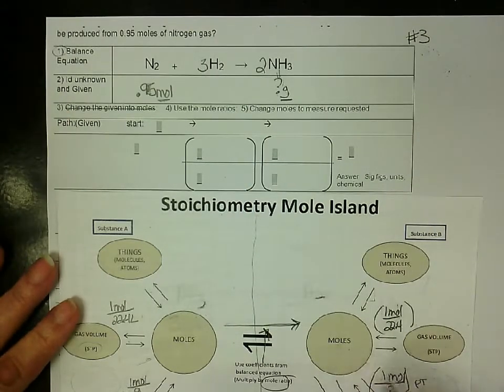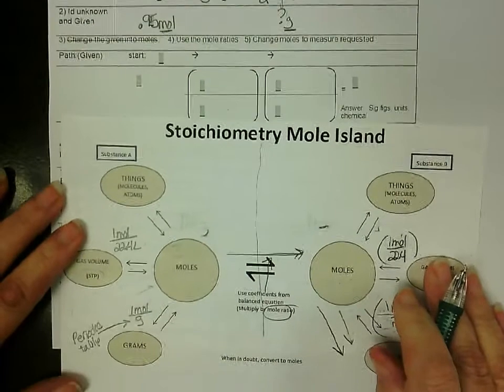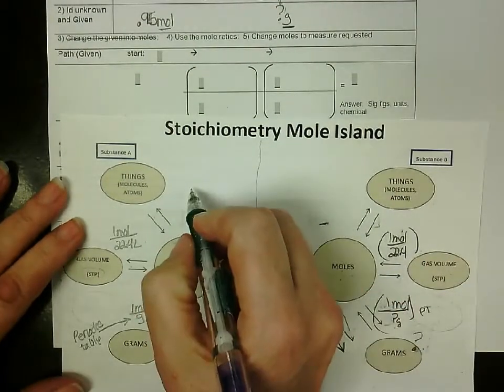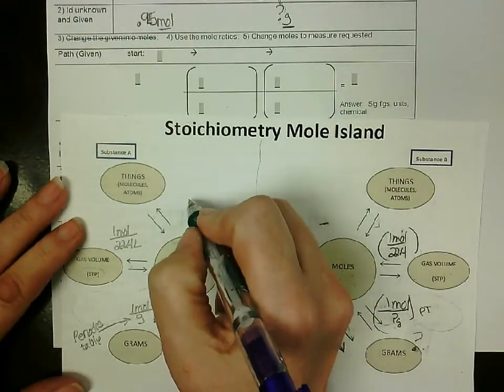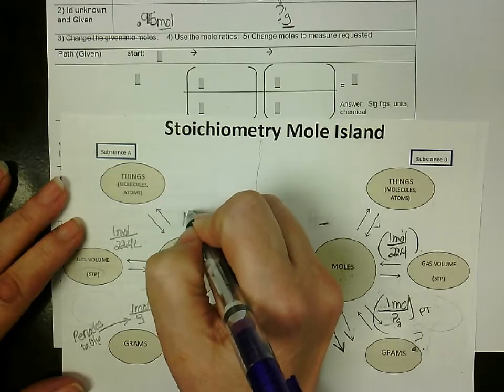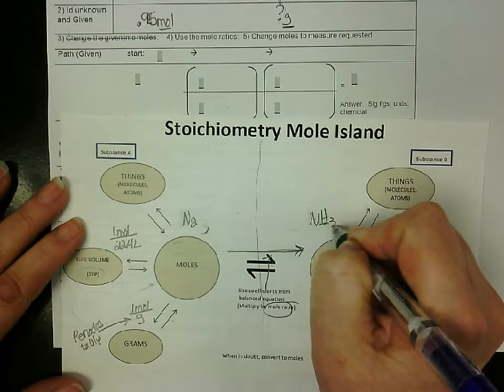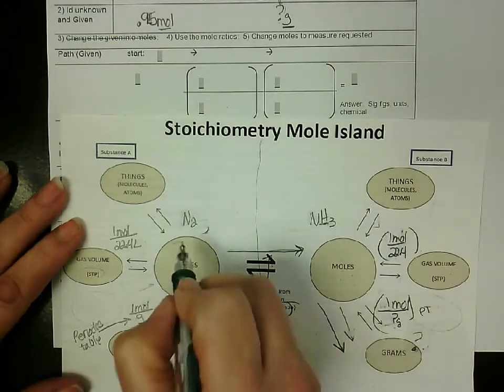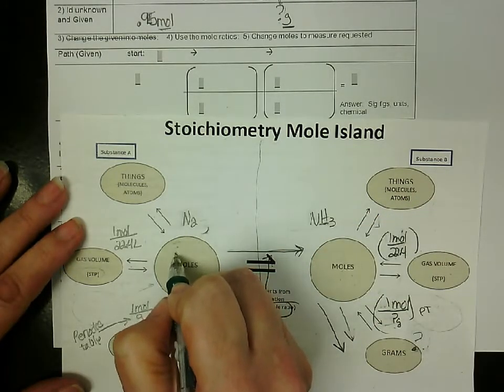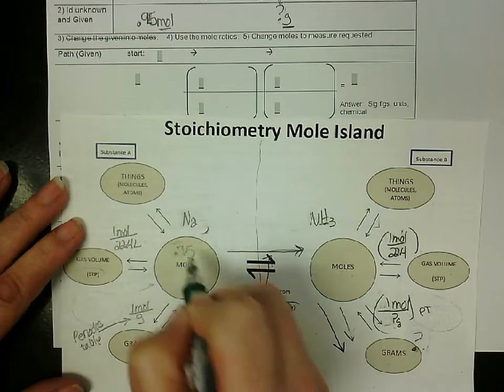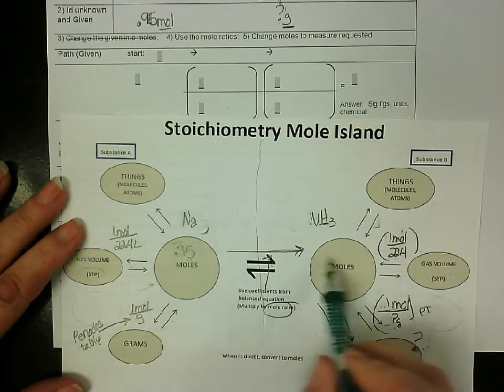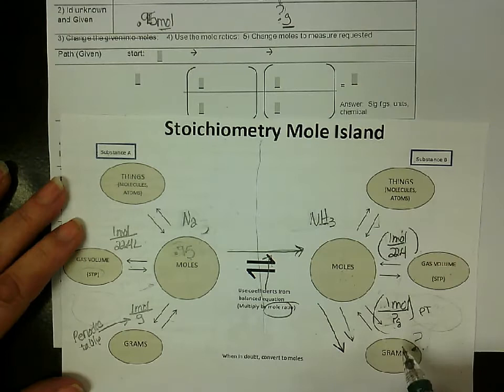So let's look at our mole island and see what our path looks like. Substance A, the one that I'm given, is N2, and I'm going to ammonia, NH3, okay? And I'm starting with 0.95 moles, and then I want to go to moles of ammonia, and then ultimately I want to end up at grams of ammonia, question mark grams.